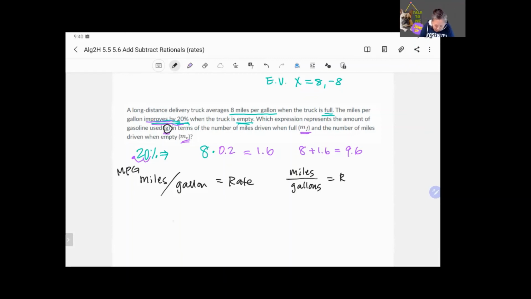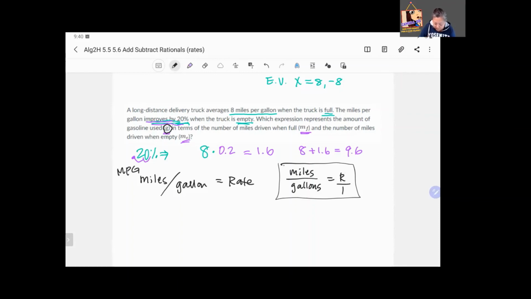Then what we have to come up with as the model is not the rate, but gallons. So I need to rewrite this formula with gallons in front. How can I manipulate it here? The gallon is on the denominator, so the other side is the rate, and then it's rate over 1.